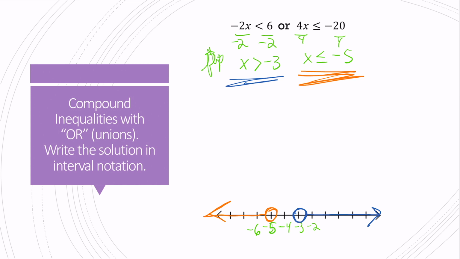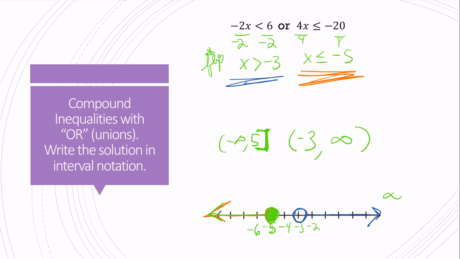Because I know I have from negative infinity to negative 5, and that negative 5 should have been included, so we give it a bracket. Since it was less than or equal to, that negative 5 should have gotten a closed bracket and a closed dot. And then I also have from negative 3 all the way to positive infinity.